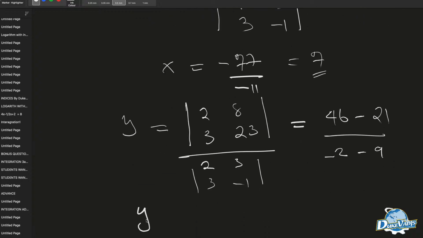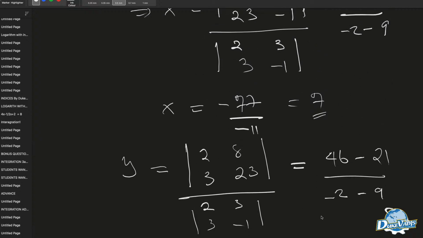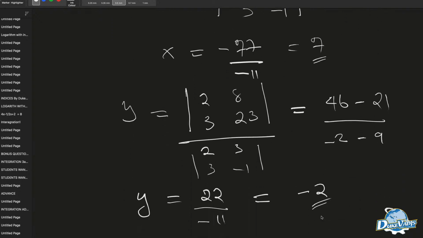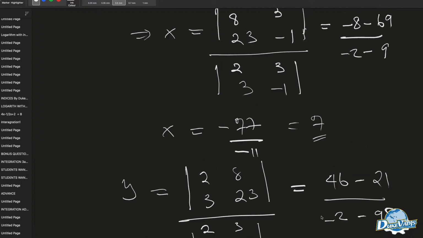So our y is now equal to 22 divided by -11, giving us the value of y to be 2. Beautiful. So you see that Cramer's Rule is so quick. That's the reason why I think students prefer using Cramer's Rule, because all we have to do is pick the matrix.